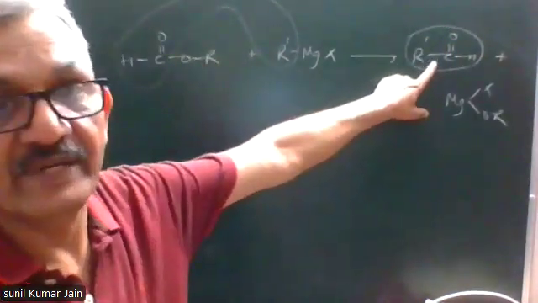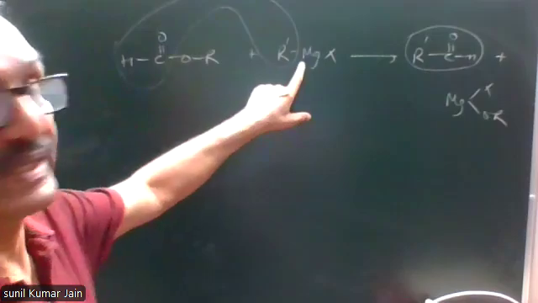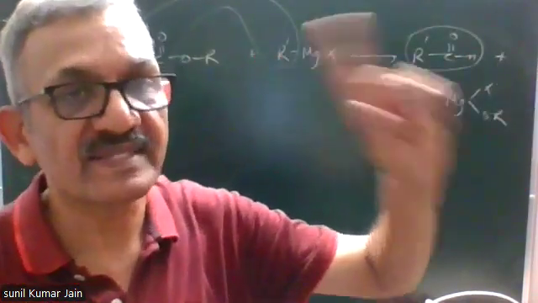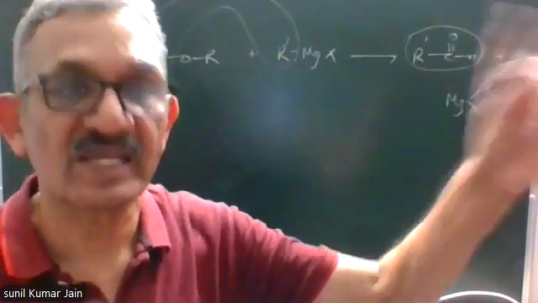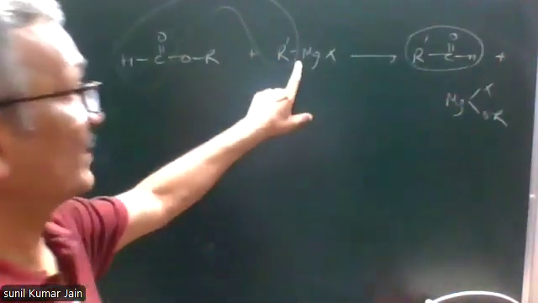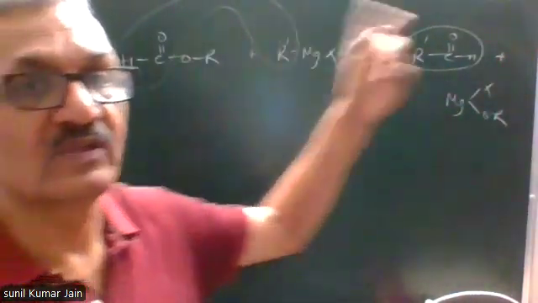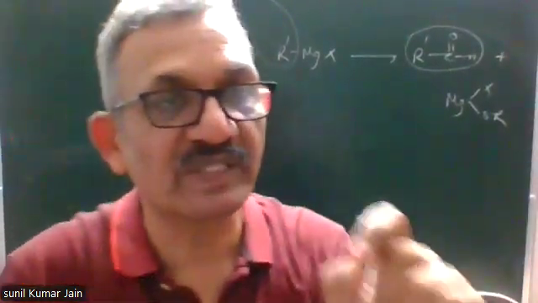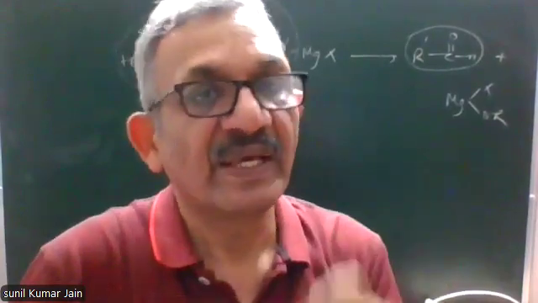Now this aldehyde formed will further react with Grignard reagent and lead to the formation of secondary alcohol, which is the method of preparation we studied last time.